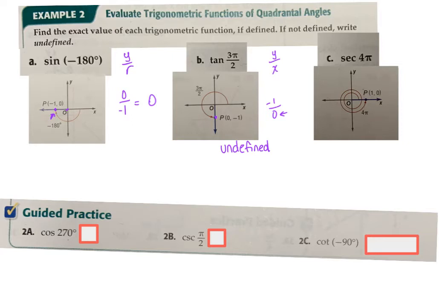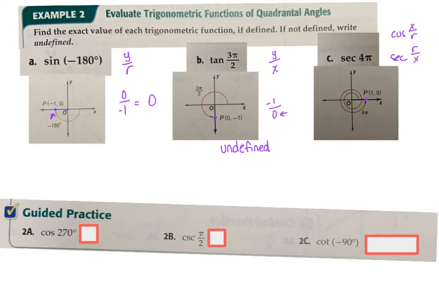All right, let's look at secant of 4 pi. Any even multiple of pi, 2 pi, 4 pi, 6 pi is always going to fall right here because that's a full circle. Secant is the reciprocal of cosine. My cosine is x over r, so my secant is r over x.